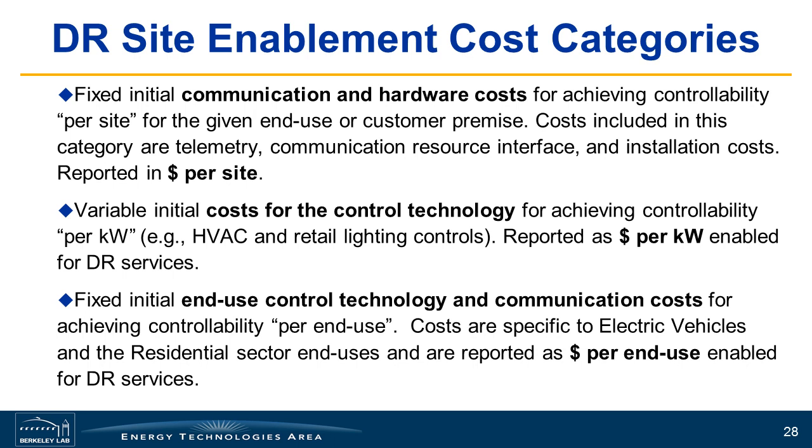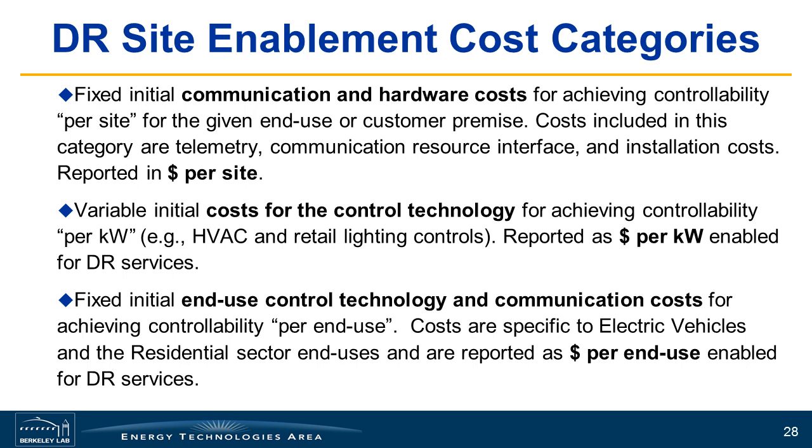And then lastly, we also have the cost to enable at the end use. So it's dollars per end use. And this is, for example, the electric vehicles and residential sector end uses. So you're going to buy a charger that has an electric vehicle charger that has capability in it that can communicate. It has the telemetry to measure load reductions and maybe increases.